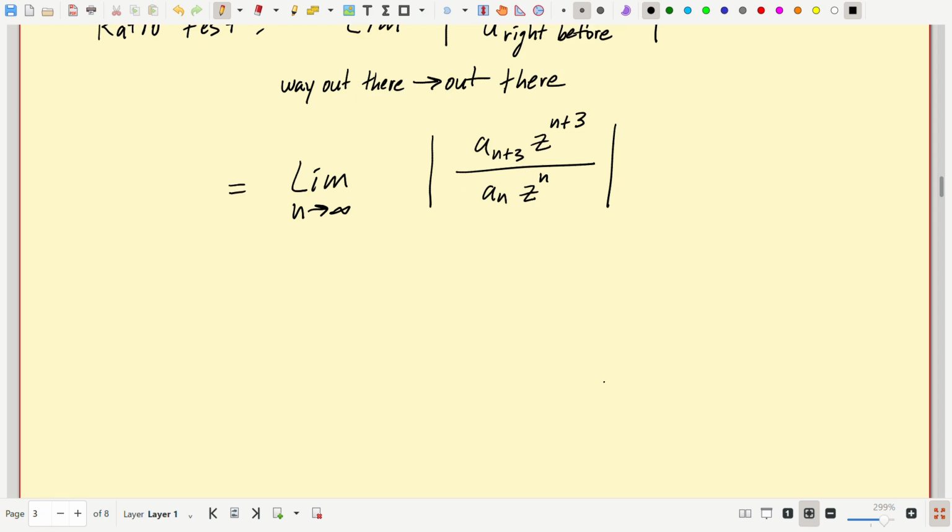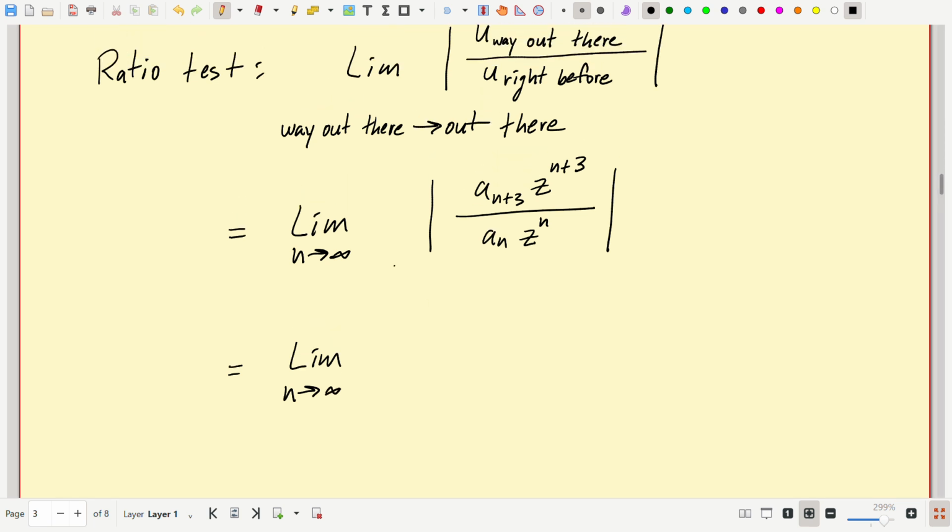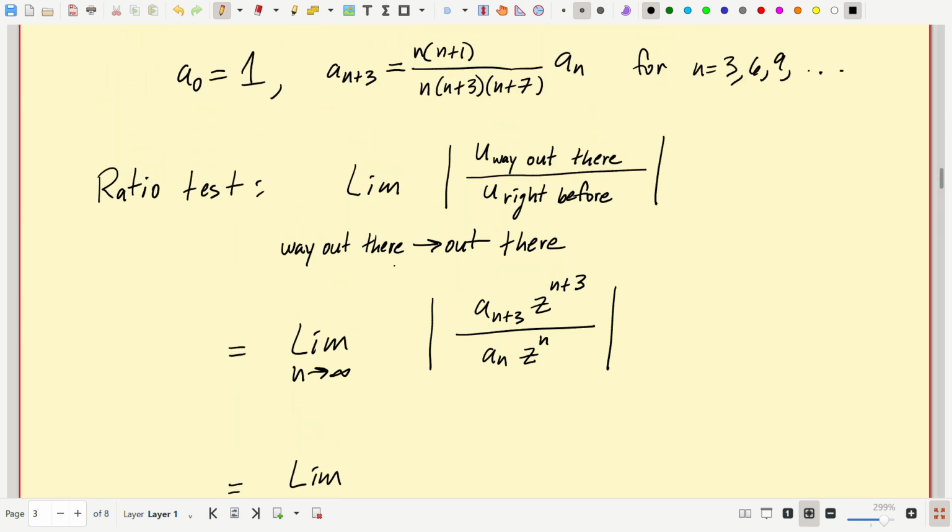Okay, so that limit is going to be easy to calculate because, let's see, that's equal to the limit as n goes to infinity. The a_{n+3}, I forget my recursion formula. It's n times, there it is.